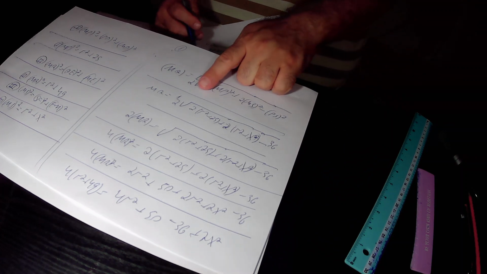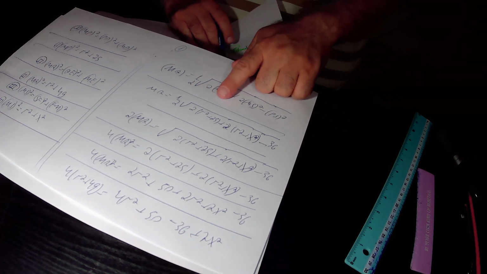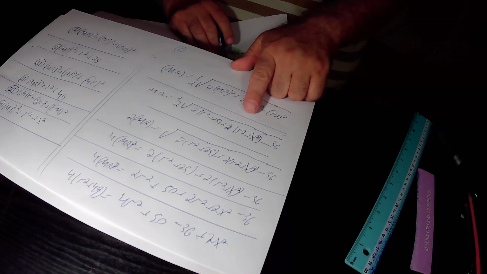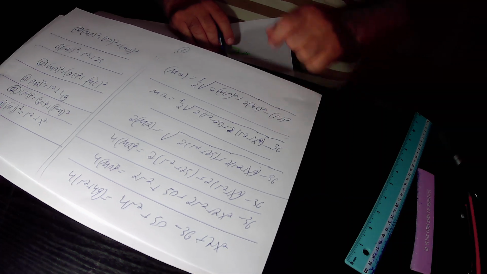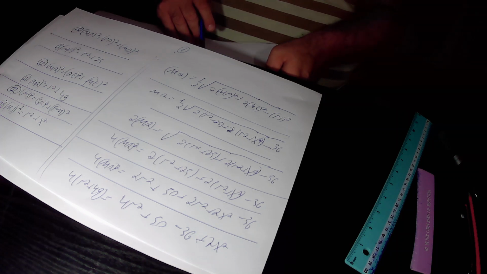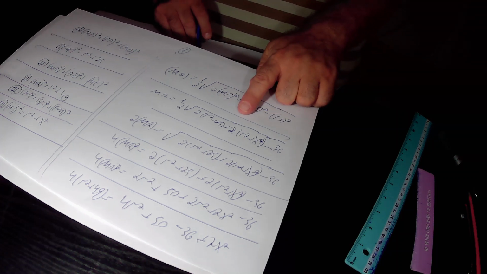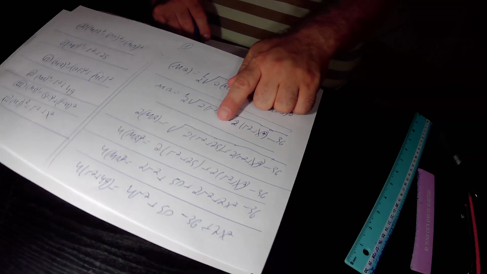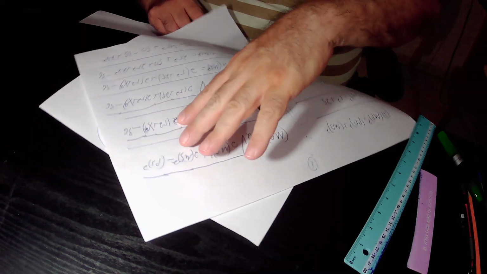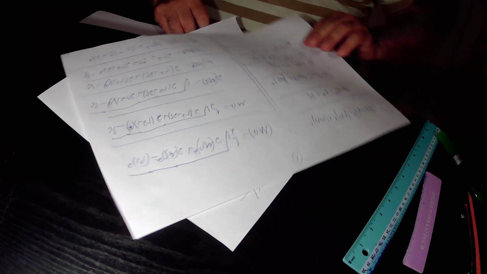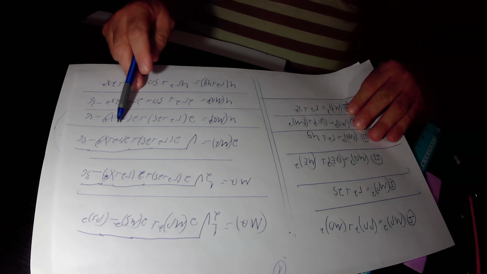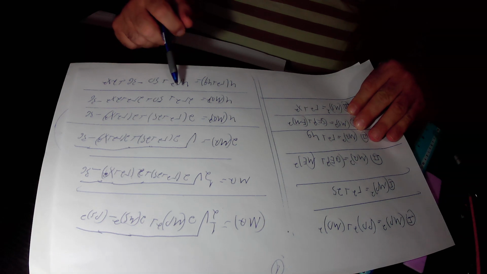So in total we found that MQ equals 1 over 2 times the square root of 2 times R square plus 25 plus 2 times R square plus X square minus 36. Here we multiply this equation by 2 and find that 2 times MQ equals the square root of 2 times R square plus 25 plus 2 times R square plus X square minus 36.